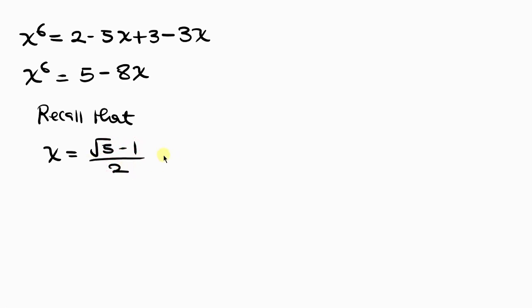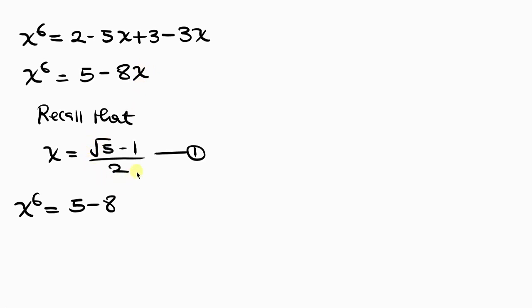Remember? So this is what we have in the first equation, which is equation 1. So we're going to be substituting root 5 minus 1 over 2 for x in what we have here. So let's do that. So this is x to the 6 is equal to 5 minus 8 times x.